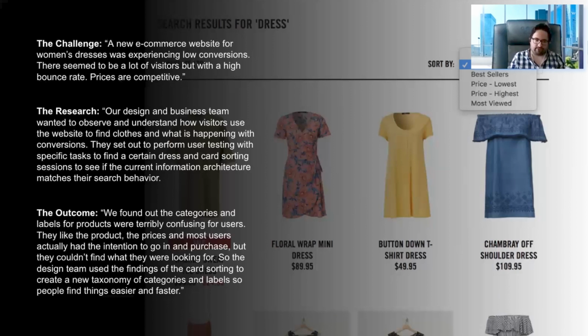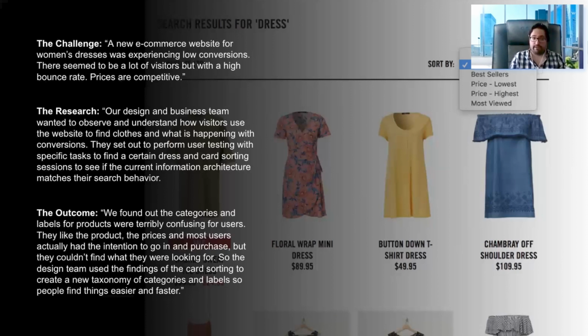Users liked the product, they liked the prices, and they had the intention to purchase. Interviews were done as well, and people said they couldn't find what they were looking for, like the specific dress they saw in the campaign. They got disappointed, they got frustrated, and they left.